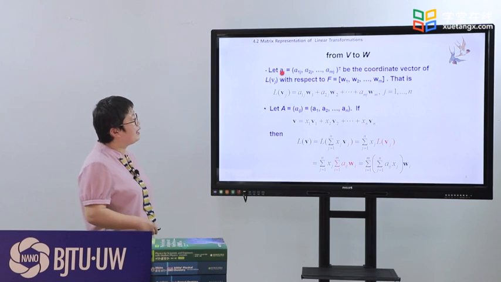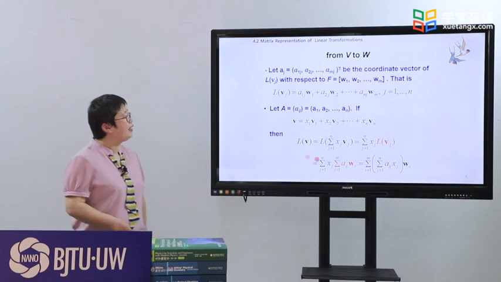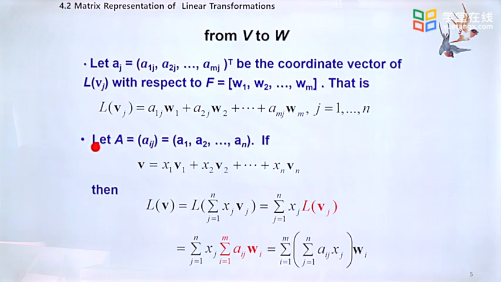So this means aj is the coordinate vector of this L(vj) with respect to F. And then we let A equals (aij). That is, A is composed of these column vectors a1, a2, ..., an. So they are the coordinate vectors of L(vj), where j varies from 1 to n, with respect to this given basis F.